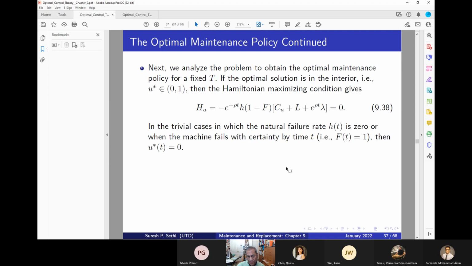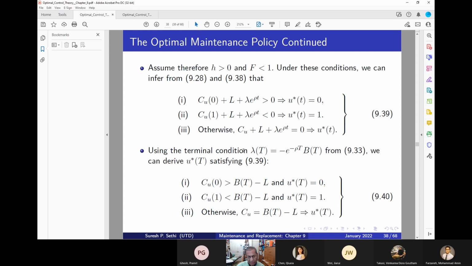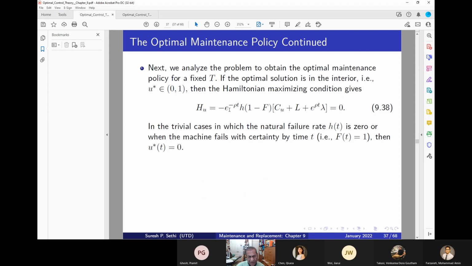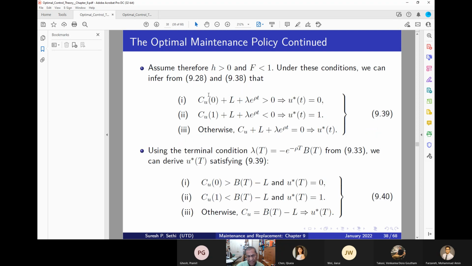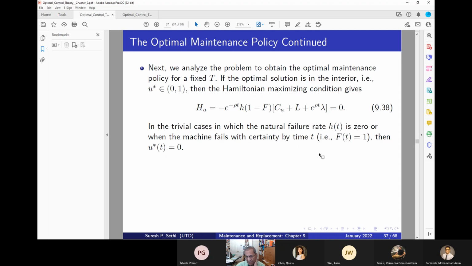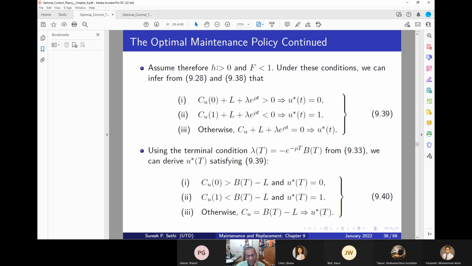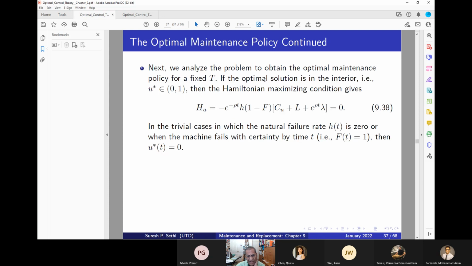And once you remove those conditions, this h goes away. So we can remove the h. e to the minus rho T is positive, so we can remove that. And F(T) is also positive, so we can also remove this, and we get this. So when I do that, it means I have to assume h bigger than 0, F strictly less than 1. Then I can remove these terms, and I'm left with this part.